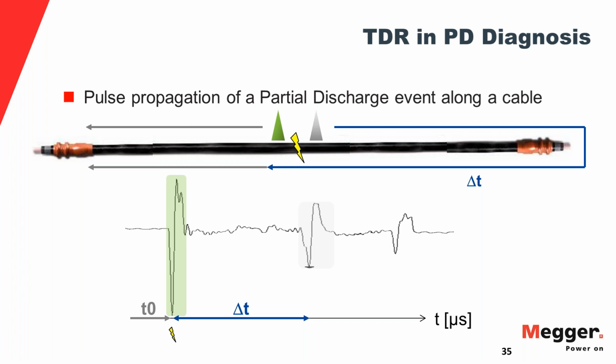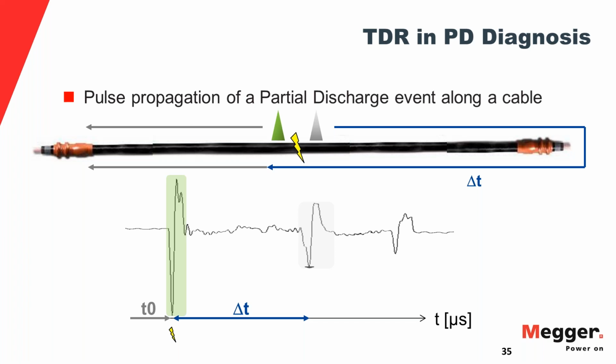And just one more comment before I go to the next slide. It's not actually TDR traces that you see there. It's not radar traces. It's similar, but it's not the same as if you would hook up a radar, let's say a Teleflex or something, to a cable and do a TDR measurement, because the PD source is somewhere in the cable. So if you want to think about this, yeah, it's kind of like TDR.